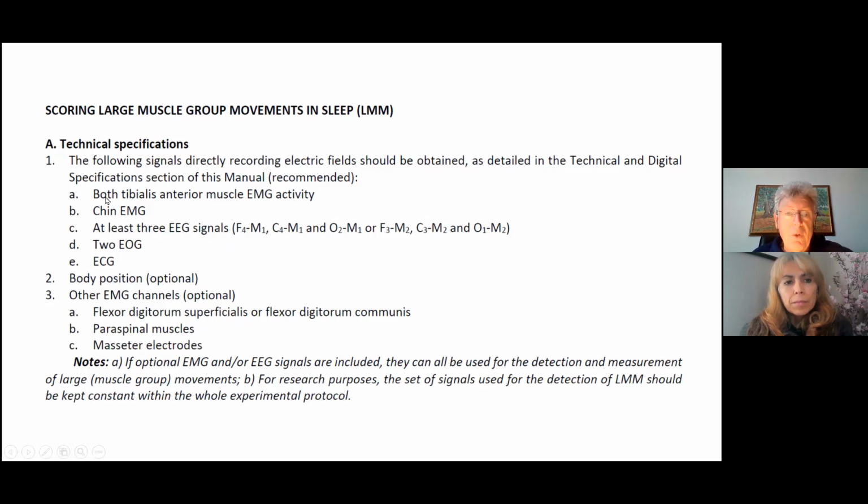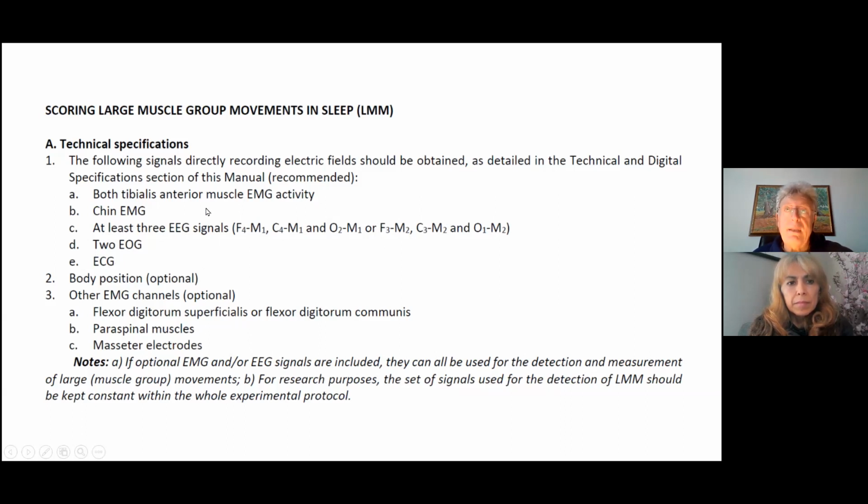So we use, of course, both tibialis anterior muscle EMG activity, chin EMG, the three signals that are classically used to score sleep stages, that is frontal, central, or occipital, referred to one mastoid, or the alternative montage that is suggested by the American Academy of Sleep Medicine manual. Then two EOG channels and one ECG channel.